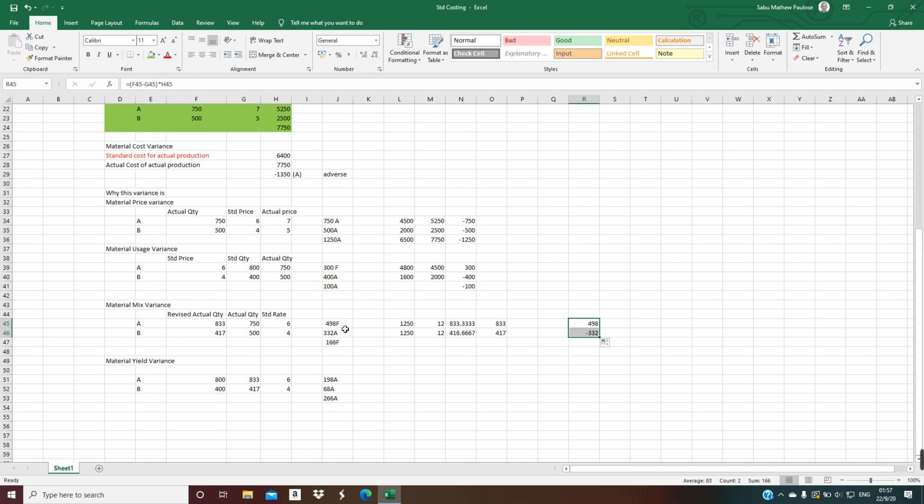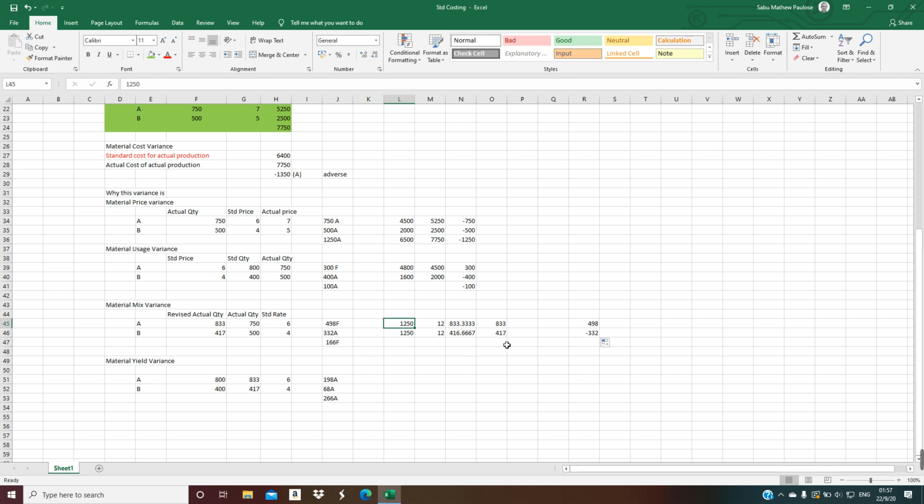So here 498 favorable and 332 adverse. If you add these, it will be 166 favorable. So that is due to the mix. There is a change in the mix. Actual usage is 1250.